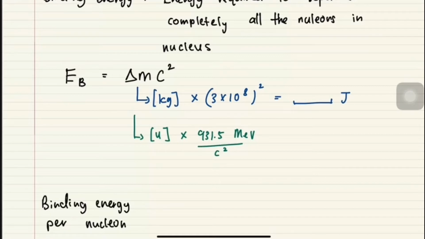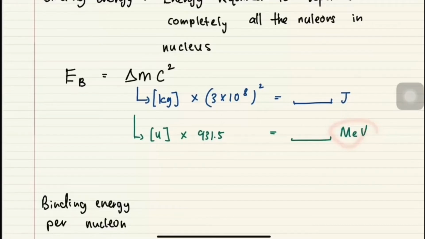Final answer you get MeV. Okay, secara ringkasnya, if you have U, you just have to multiply with 931.5, then you should get final answer of MeV. It's as simple as that.